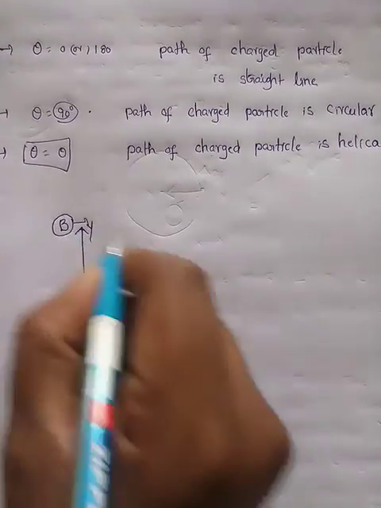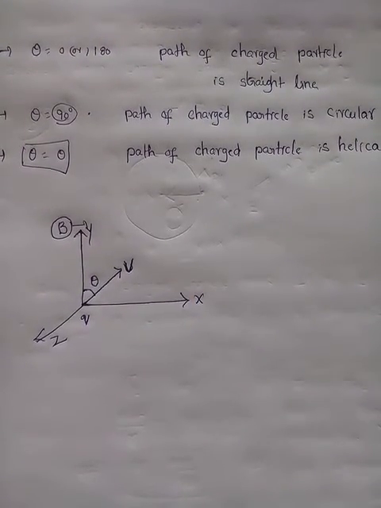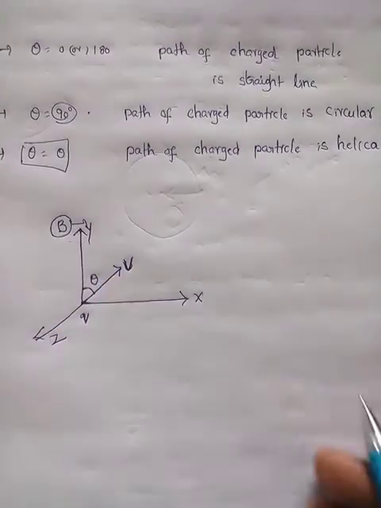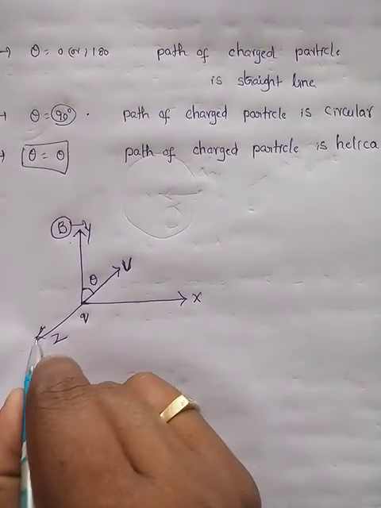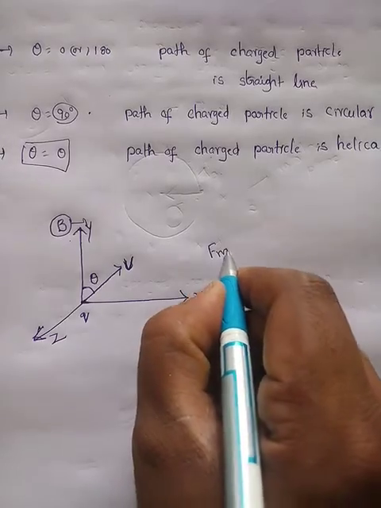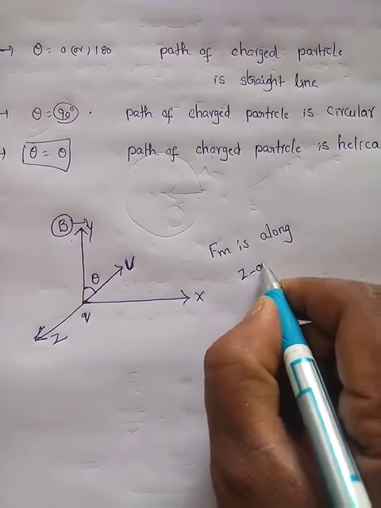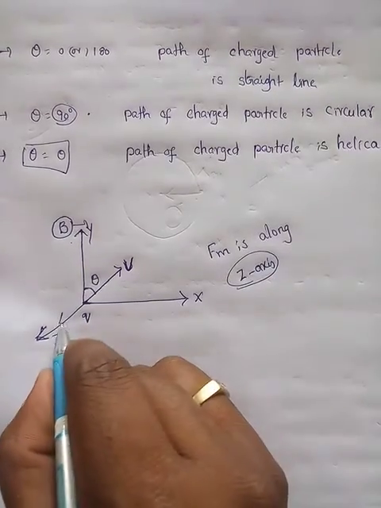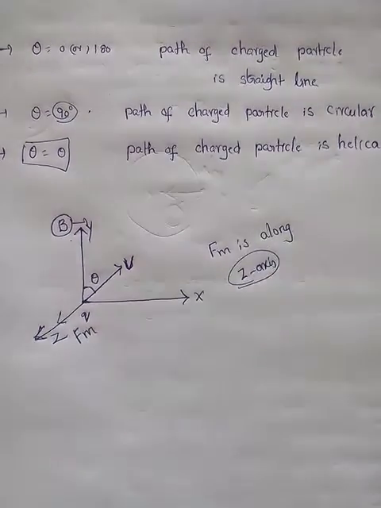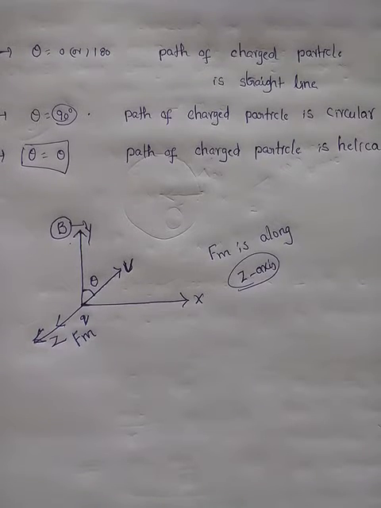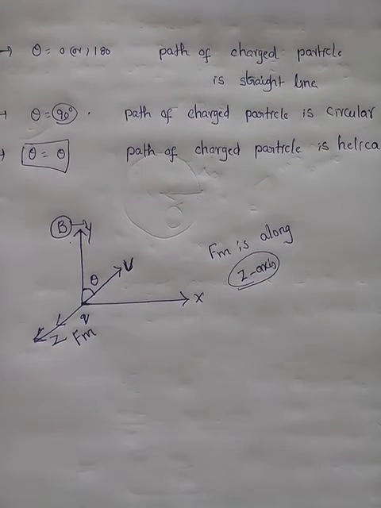Here the magnetic field is along the y axis, and the charged particle is moving in the xy plane. You know the magnetic force is along the z axis. How can we come to know that? So we have one rule.